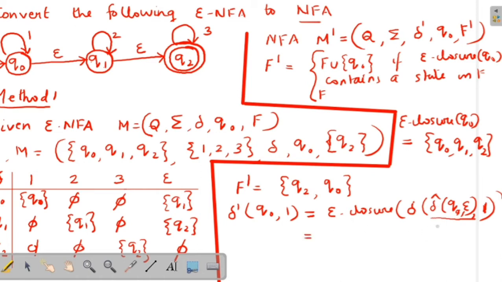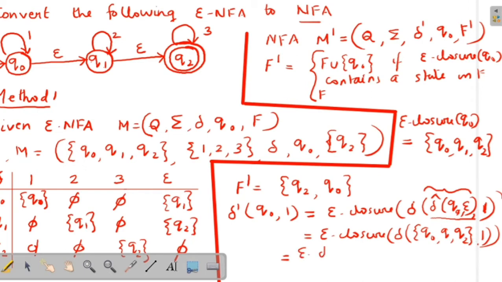That is the epsilon closure of delta of {Q0, Q1, Q2} comma 1, which is the epsilon closure of delta of Q0, 1 union delta of Q1, 1 union delta of Q2, 1. That equals the epsilon closure of {Q0} union null set union null set, which is the epsilon closure of Q0, that is {Q0, Q1, Q2}.